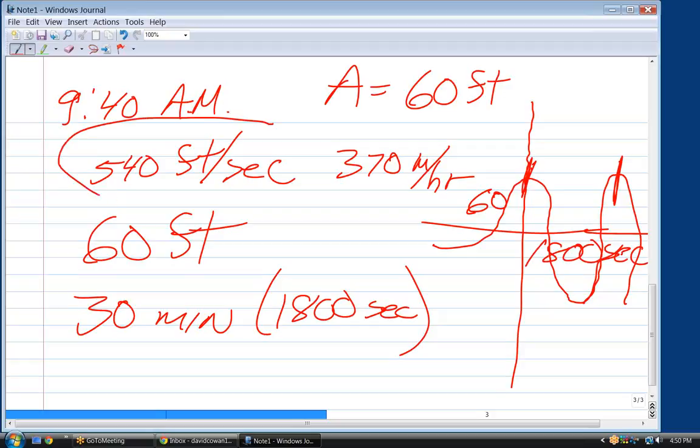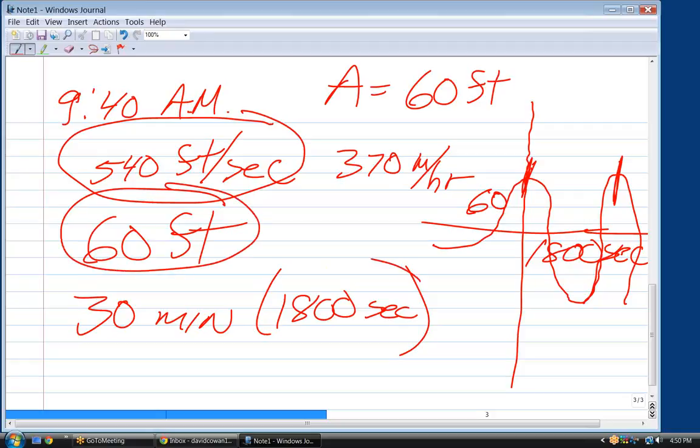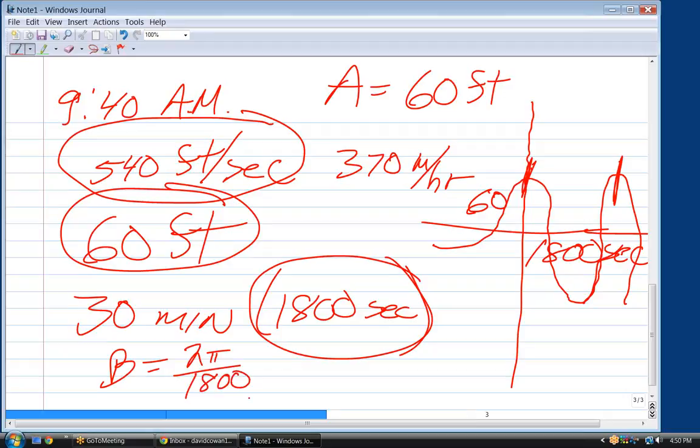We're going to use this measurement, this measurement, and that measurement because they're all in feet and feet per second. Okay. So our period is 1800 seconds. So what is B? That would be 2 pi over 1800. So now we've accounted for the 1800, the 60, 540 feet per second.